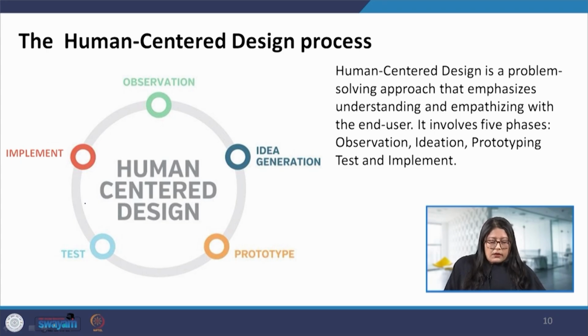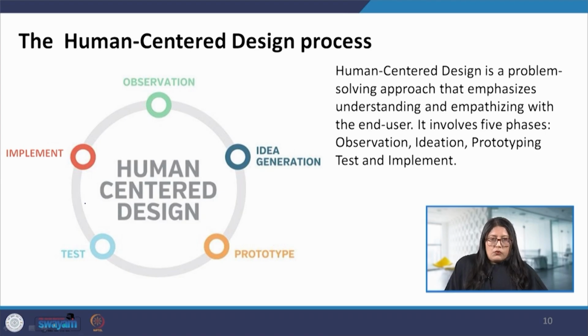Human centered design is basically an approach to interactive systems development to make them usable and useful by focusing on the users, their needs and requirements, and we apply strategies such as human factors, engineering, and usability knowledge and techniques. This process is cyclical.